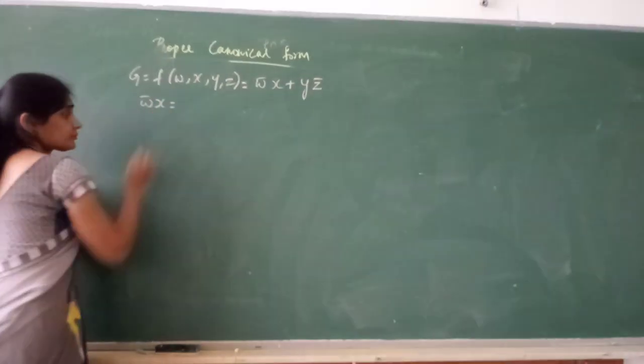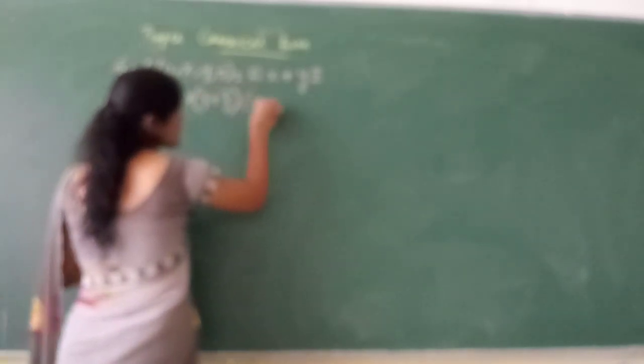I take the first term, w bar x. So what is missing here? W bar x, 2 variables are missing, y and z, right? So y plus y bar is missing. Z plus z bar is also missing. So we have multiplied both the variables and its complement.